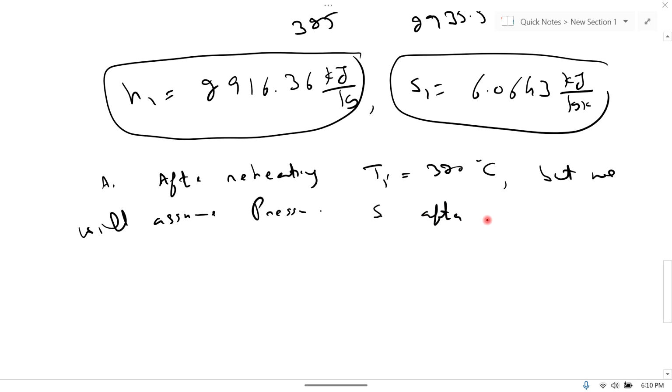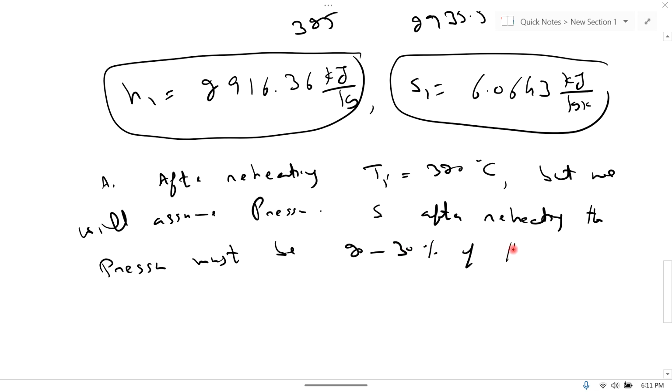After reheating, the pressure must be 20 to 30% of the boiler pressure.